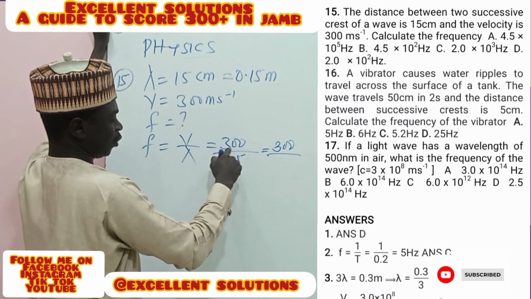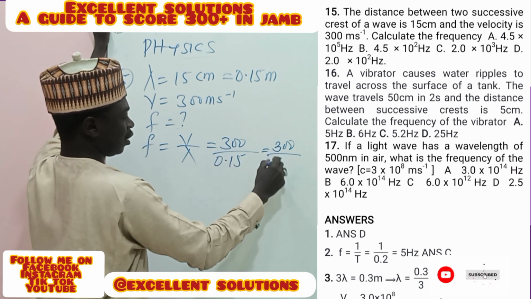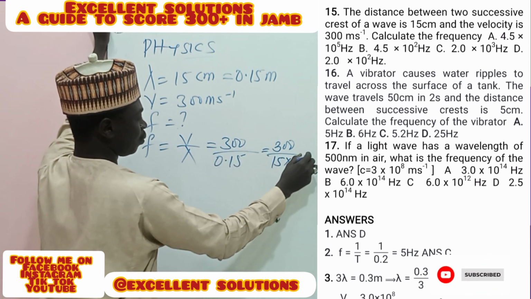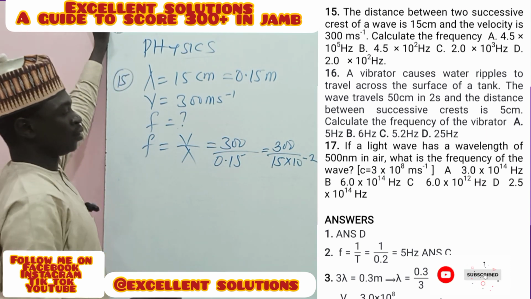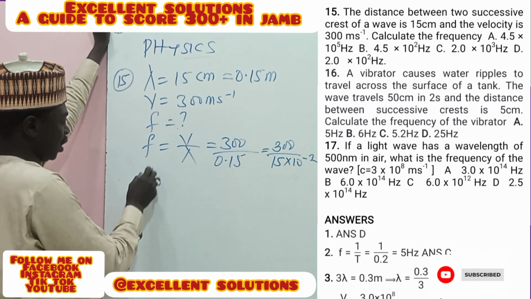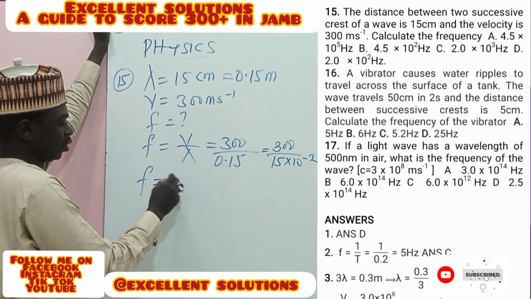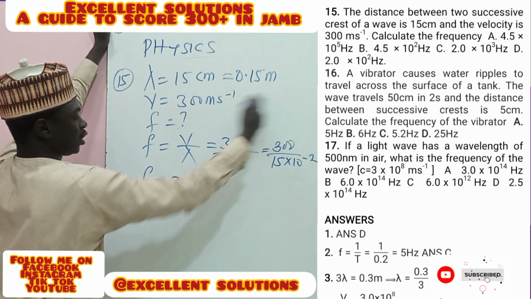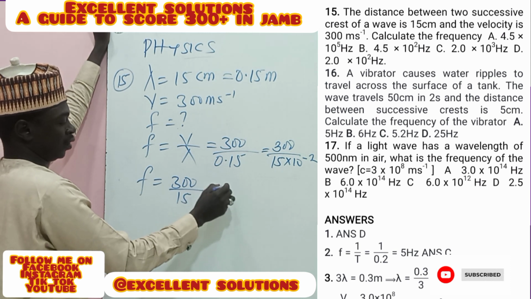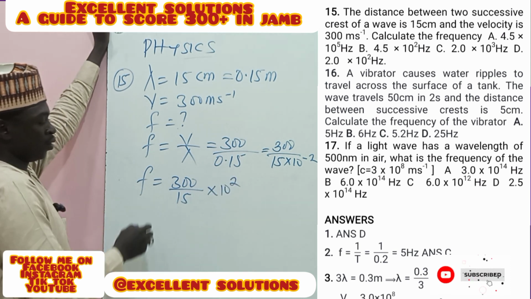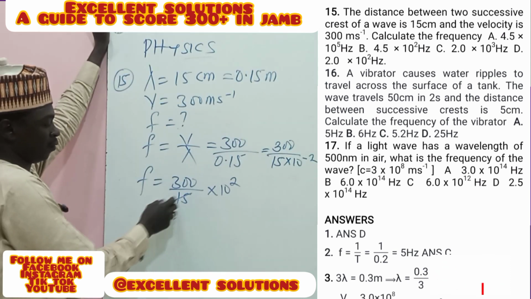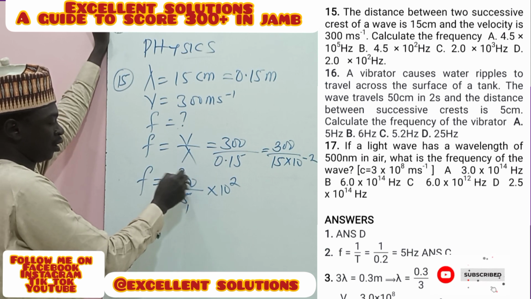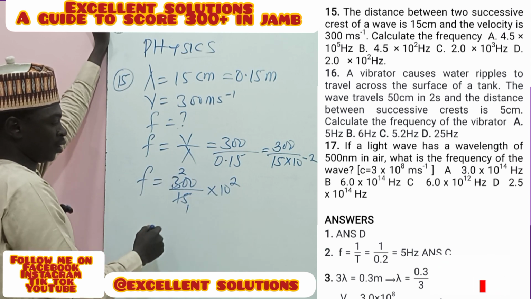So this one is now the same as saying 300 divided by this one. We take this decimal point 1, 2. We can now have 15 times 10 raised power minus 2. So if this is the case, we can now have F equals 300 divided by 15. This exponential, when it goes up, becomes times 10 raised power plus 2. So 300 divided by 15, 15 here 1, 15 here we have 2. So we are now left with 20.